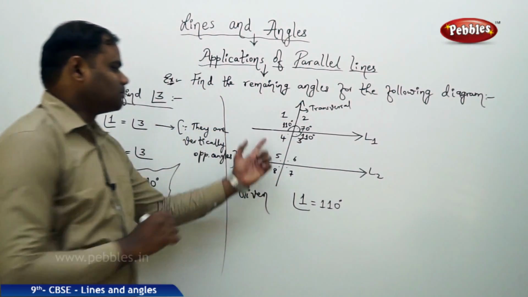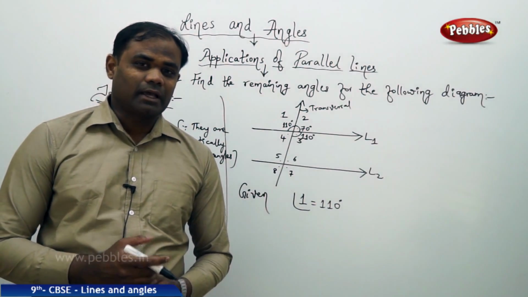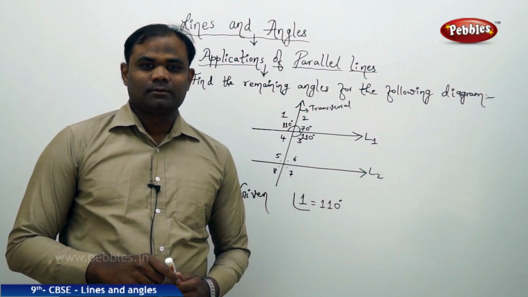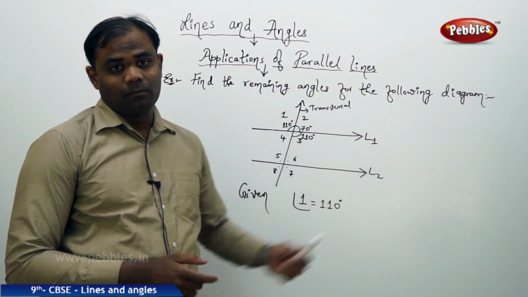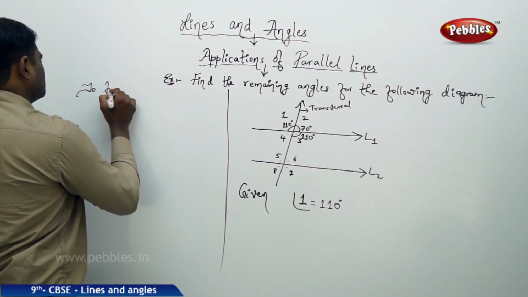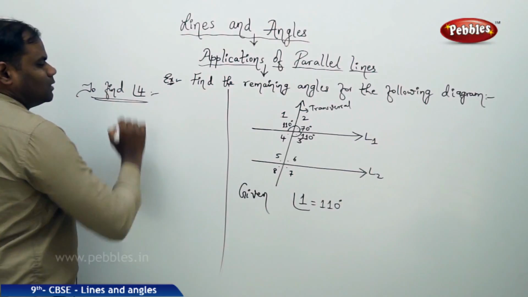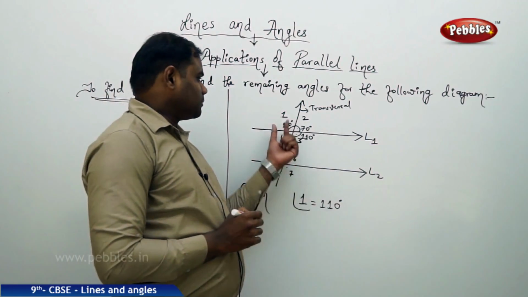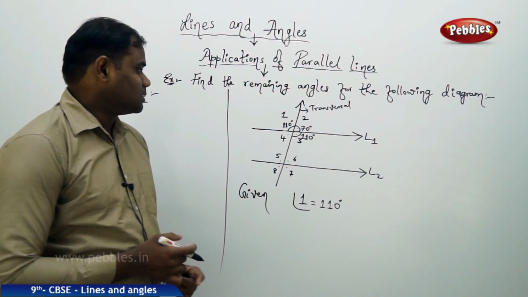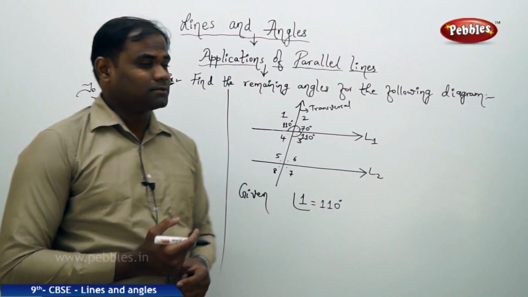Now comes finding angle 4. Let's see how we can find angle 4 using the basic angle 1 equals 110 degrees. Just like in the previous case, angle 1 and angle 3 are vertically opposite angles, similarly angle 2 and angle 4 are also vertically opposite angles.